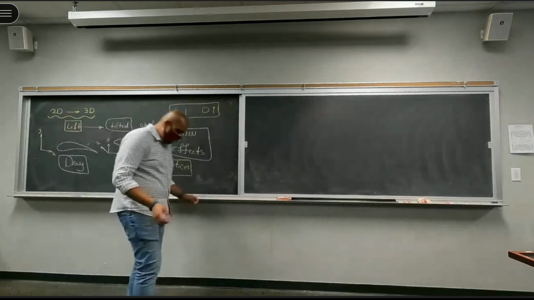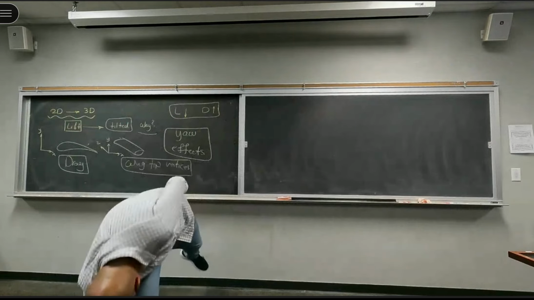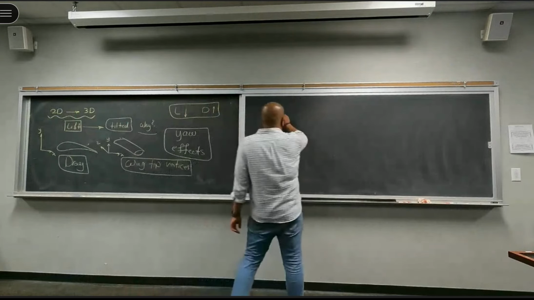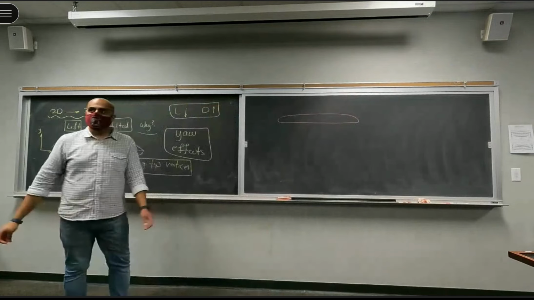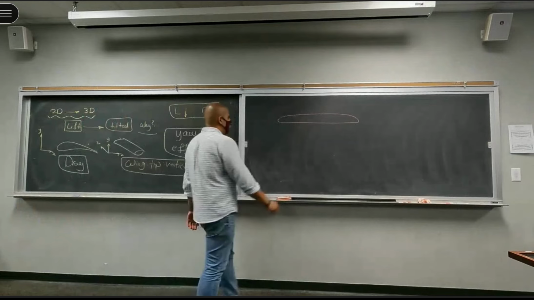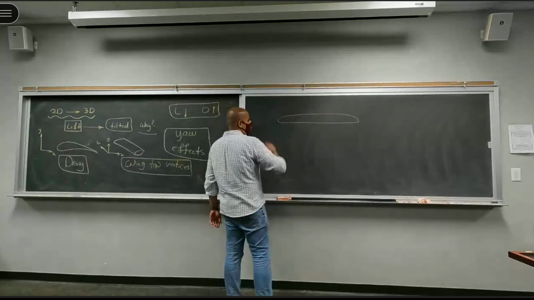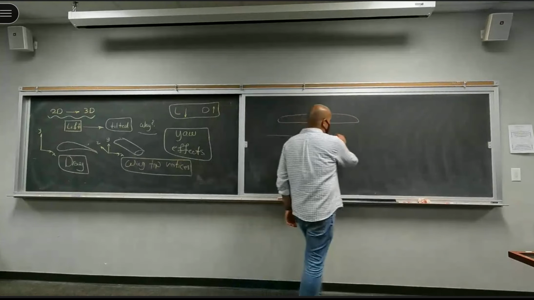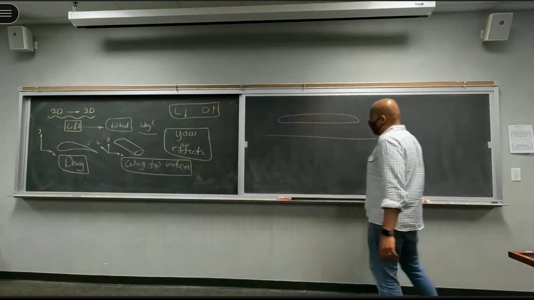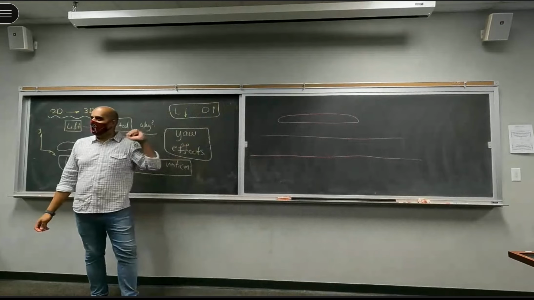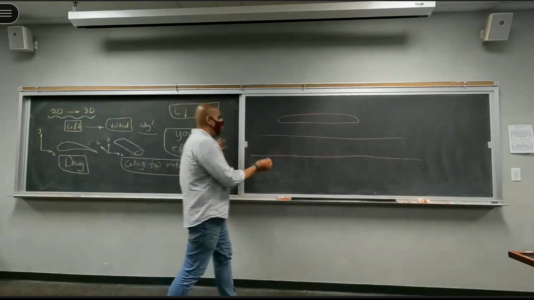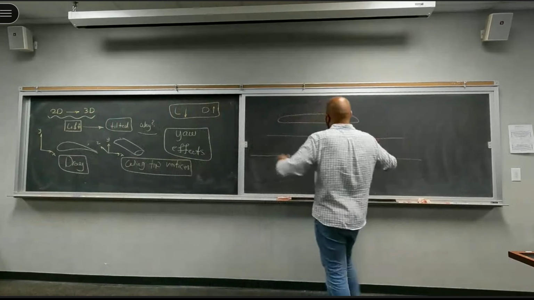So let's have a front view of our wing, right? What is going to happen when you have a wing compared to the two-dimensional airfoil? A front view of a two-dimensional airfoil is essentially an infinite wing, right? So there's nothing happening in this direction.